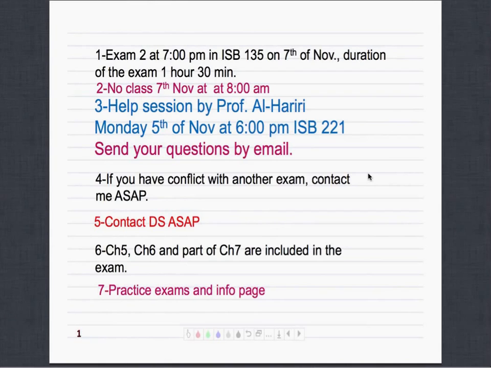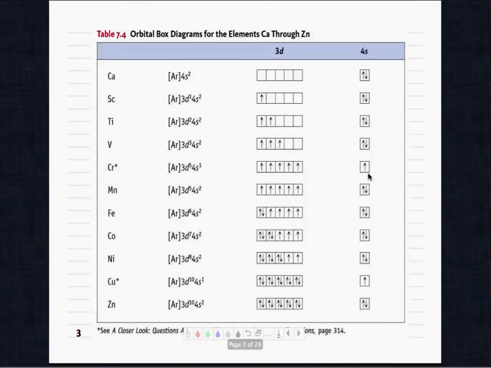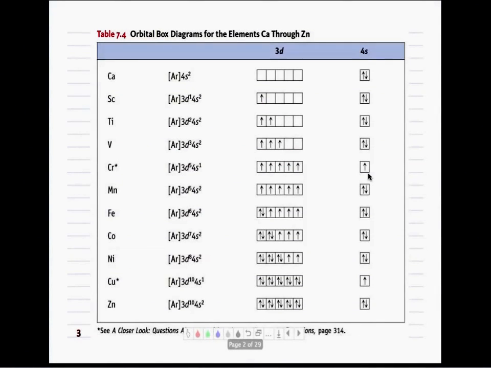Now let's go back to chapter 7. The last time we talked about electronic configuration, and let me remind you that the way we fill the subshells is 1s, 2s, 2p, 3s, 3p, 4s, 3d, and after that 4p. So this is how we fill them.